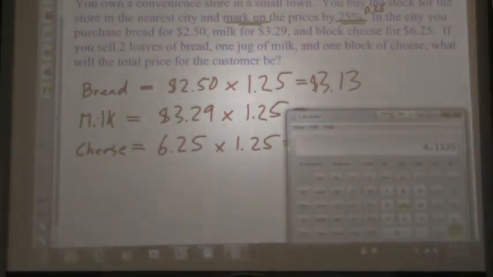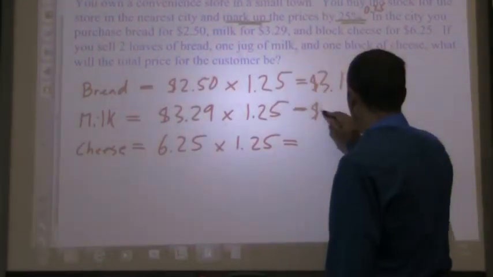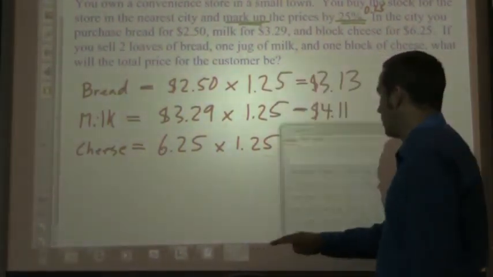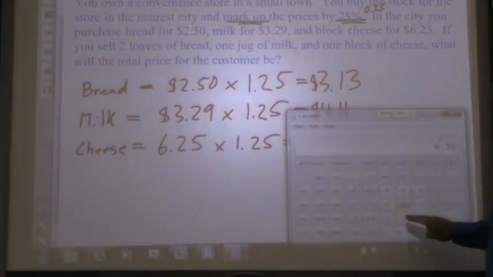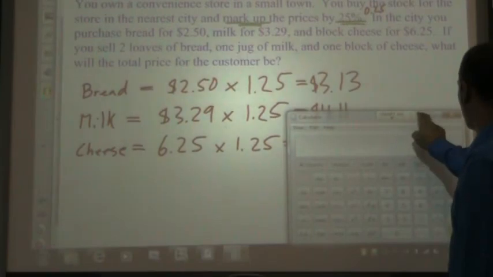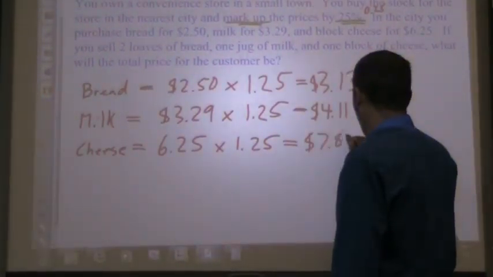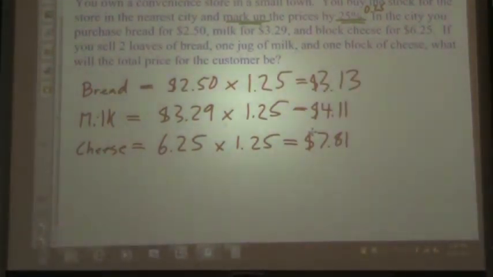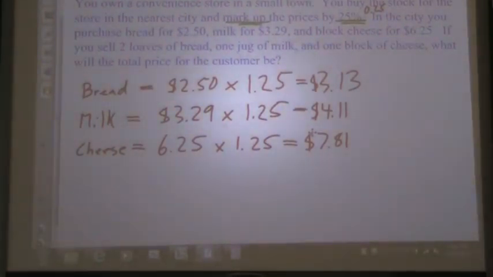I get $4.11. And then for the cheese, $6.25. Multiply that by my markup of 25%, and I get $7.81. All right. So there's the final price that will be in my store for each of those items.